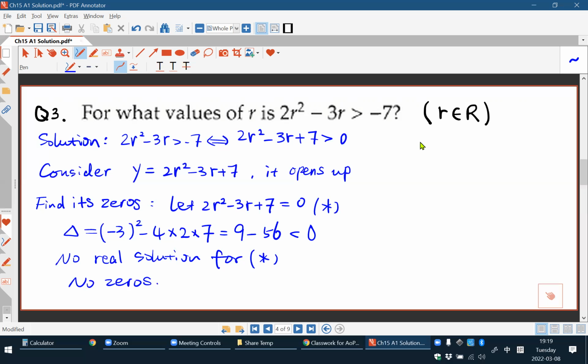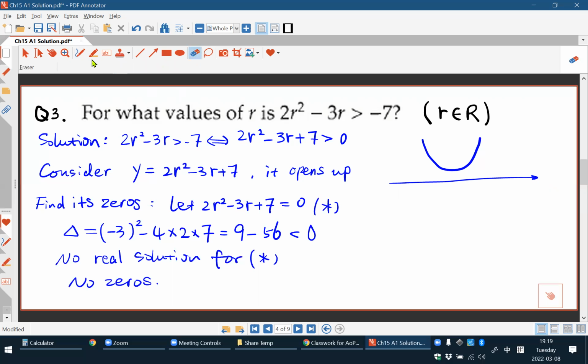Okay, so if a quadratic function opens up and there are no zeros, the relative position between the curve of this quadratic function and the horizontal axis should look like this, right?